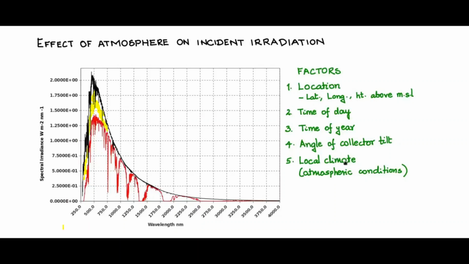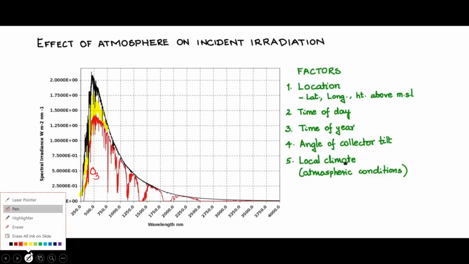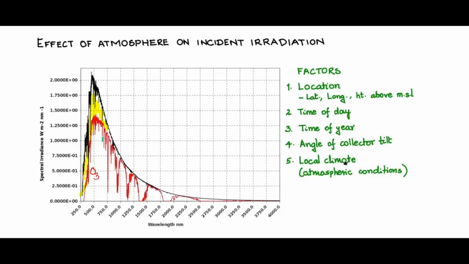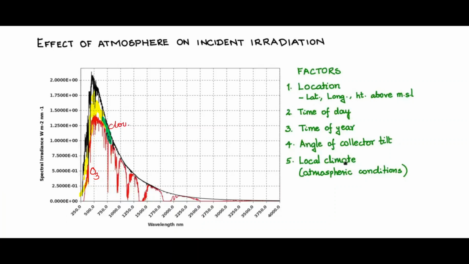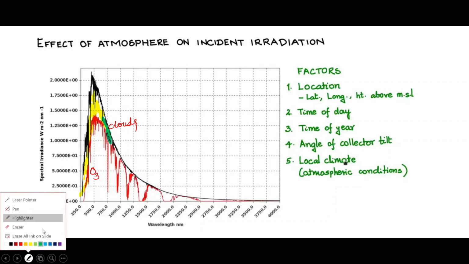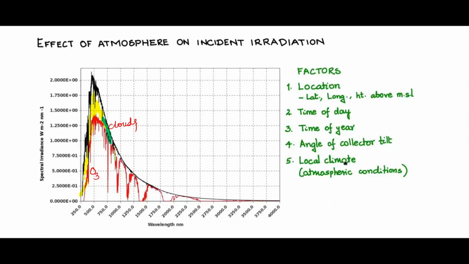Some of the area up to this region is absorbed by the ozone layer. After this, this is due to clouds present in that area. After that, this area is due to water vapor present in the atmosphere.